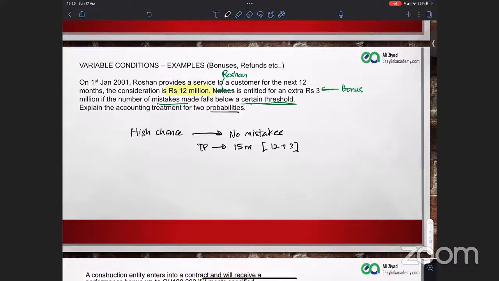If you think there is a high chance Roshan's mistakes will increase beyond that threshold, then what is the transaction price you have to take? 15 or 12? 12 million. So this is how you treat bonus.